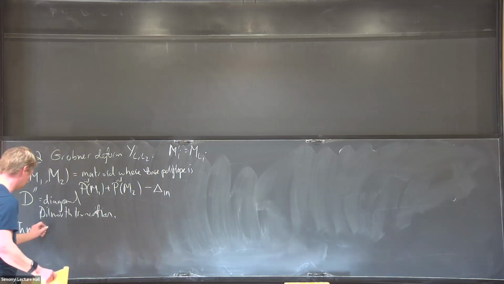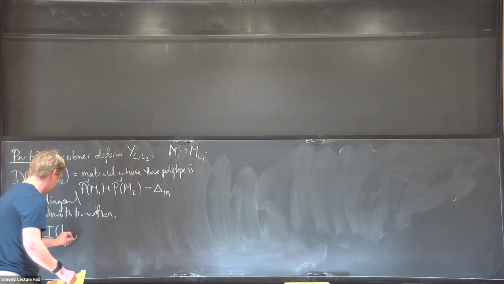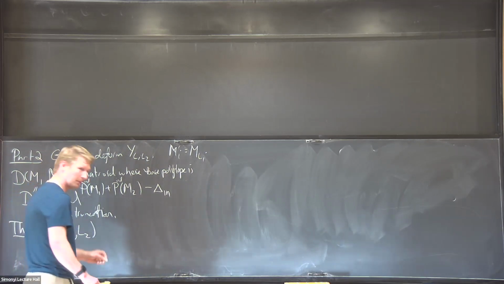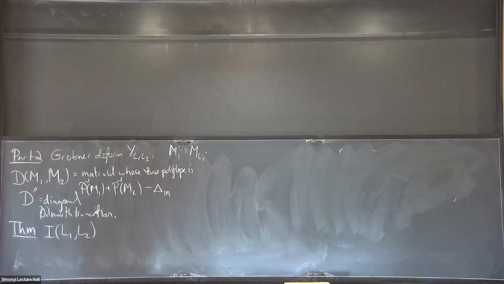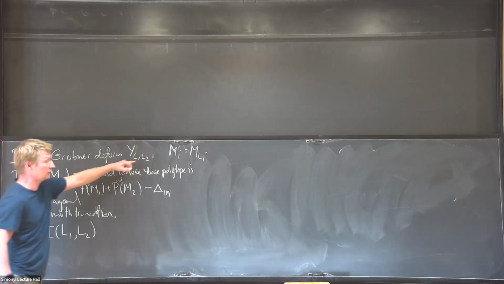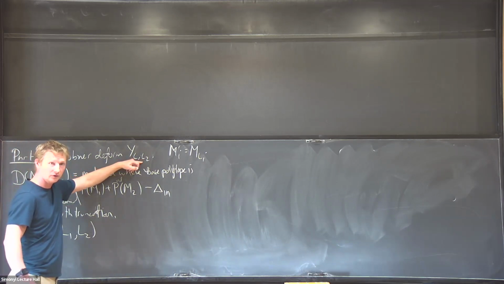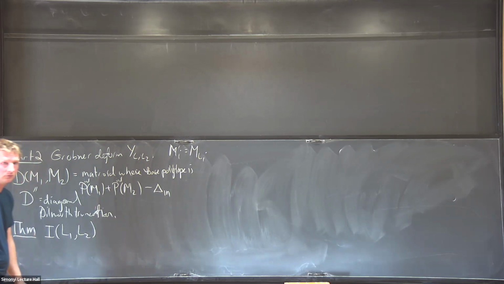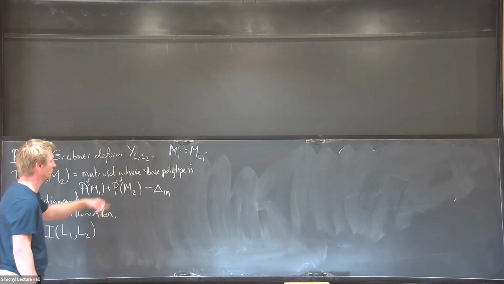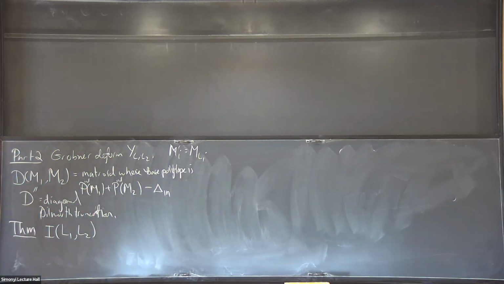Sorry, which variety? No, this one right here, this affine variety. So a minimal generating set of equations is parameterized by circuits of this matroid.